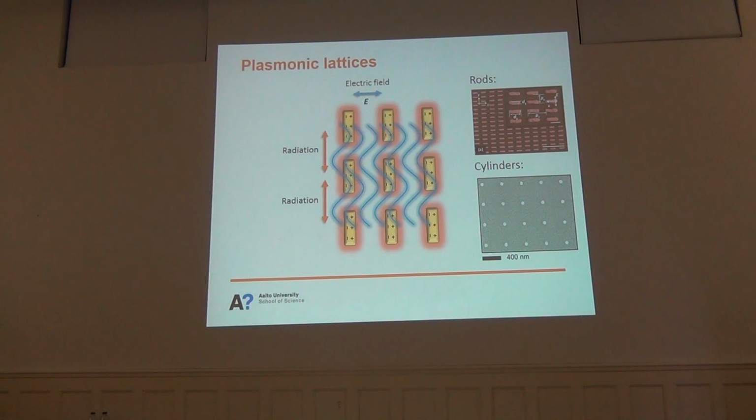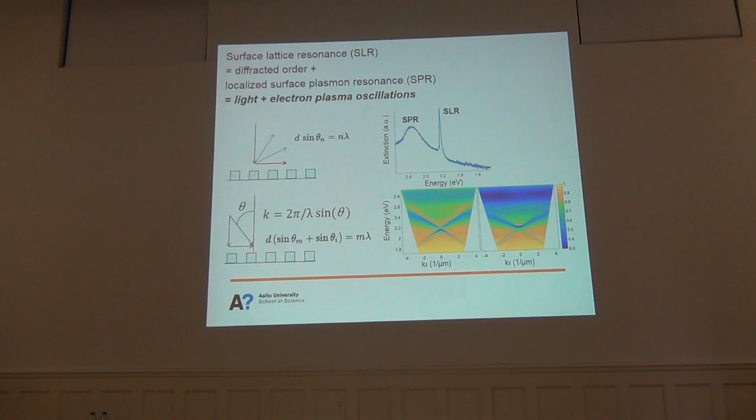So we end up having hybrid modes, kind of quasi-particles, which are the combination of the diffracted light in the array and those single particle resonances in each nanoparticle. So they are essentially light photons, but they are coupled to the electron movement in the metal, so they are plasmonic particles.